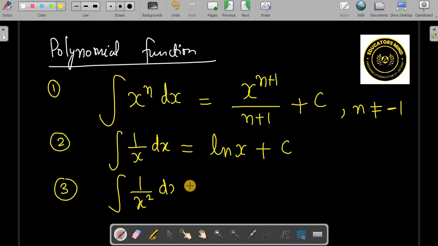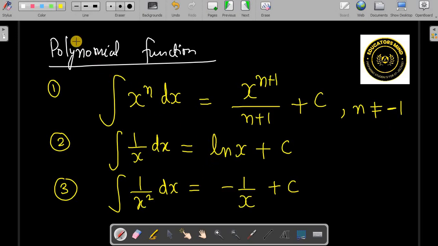Integration of 1 by x square with respect to x will come as minus 1 by x plus constant. So in this manner you will be able to do all such calculations. These are some basic fundamental formulas, but separately I will also be sharing different formulas for different types of functions.